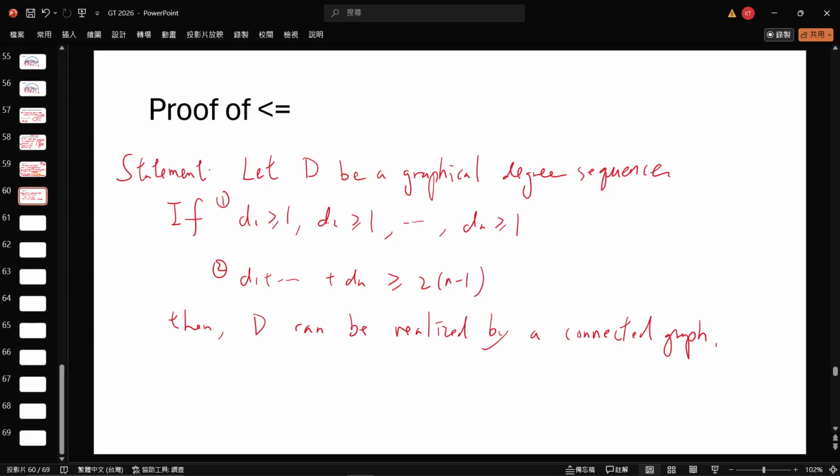Actually the proof is also quite easy. We're going to start with this assumption.